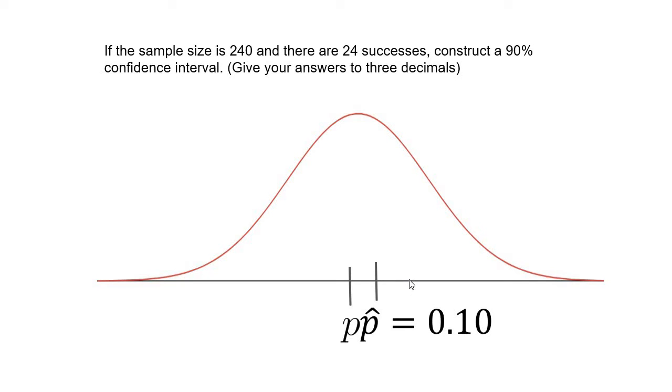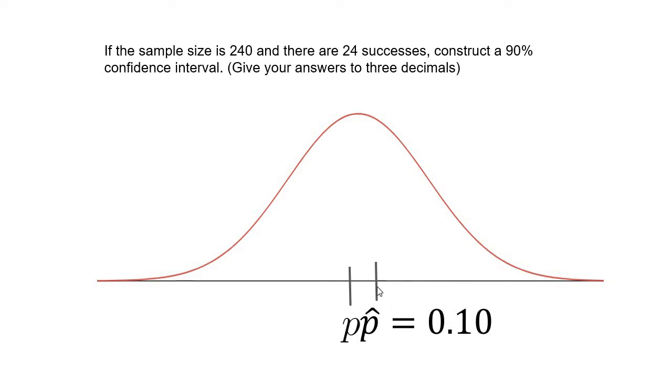So we're going to create an interval. To create this interval, we're going to look at the spread of the sampling distribution. We're going to try to capture 90% of all of the sampling distribution proportions by our interval.